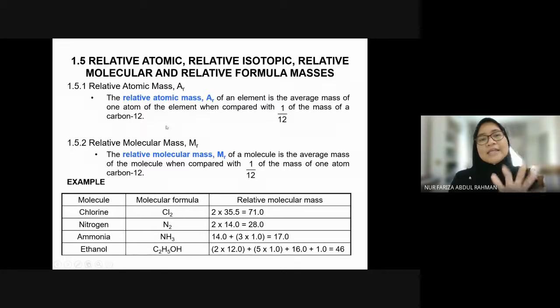But the highlight here is to make sure that you are able to differentiate. If it is present in the form of a single atom, it should be called relative atomic mass. If it's present in the form of a molecule, then it should be called relative molecular mass.